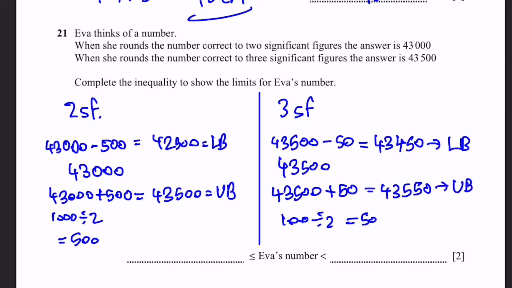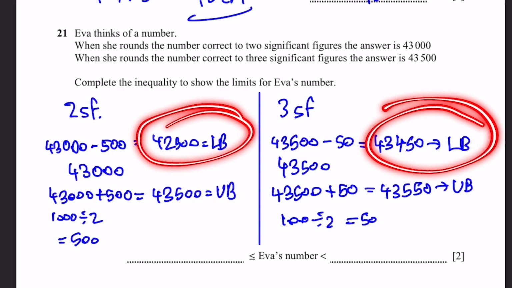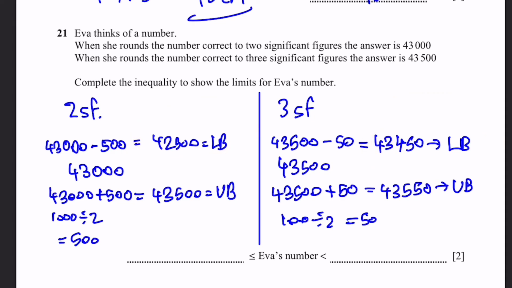Now if we combine these together, because you need to narrow down the limit for the range as small as possible, which lower bound is larger? It's this one, right? 43,450 is greater than 42,500. So we use this lower bound, and now the upper bound, which one is smaller, so that we can narrow it down as much?